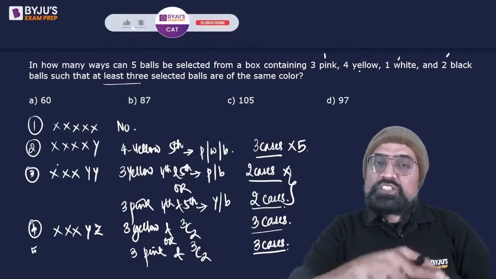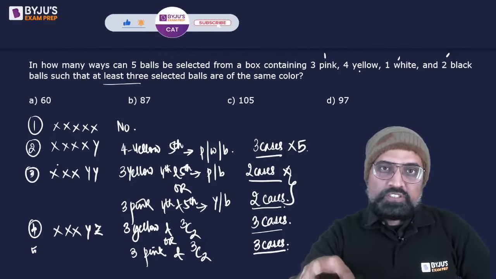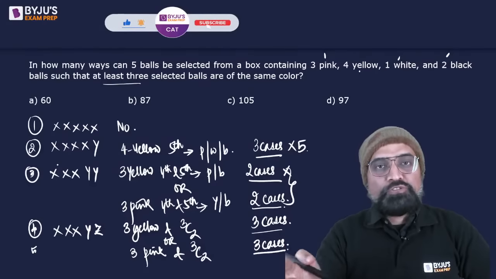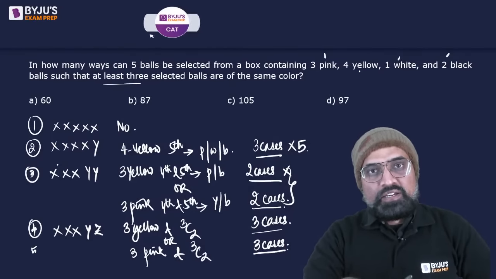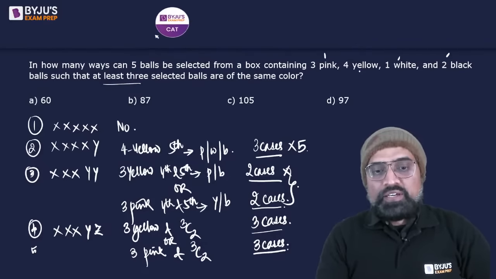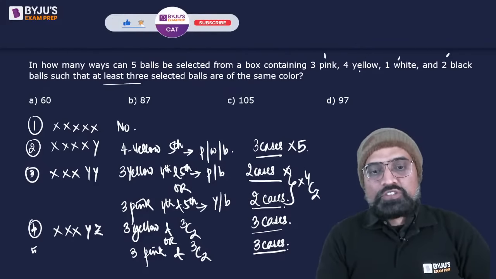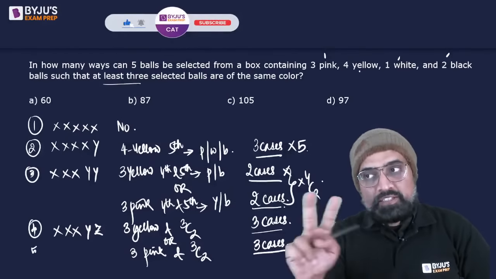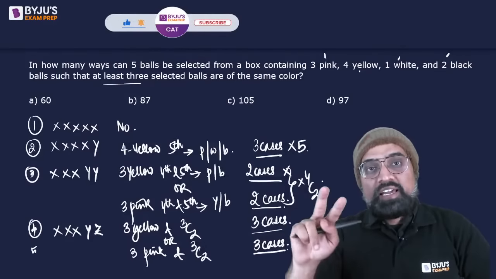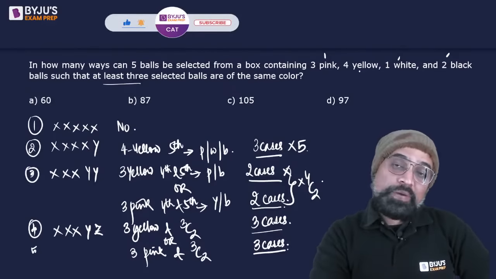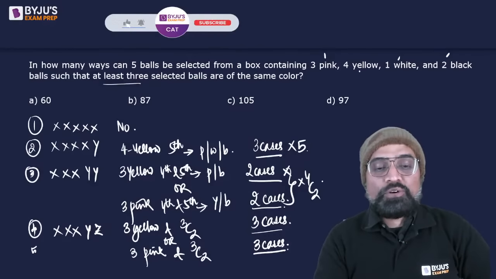So if I put 3 yellow balls first and I leave empty spaces between them, there are going to be 4 empty spaces, right? And out of those 4 empty spaces, I can pick any 2, and in each of those cases, I will get a combination of the 3 yellow colored balls and the other 2 either pink or black, or 3 pink colored balls and the other 2 yellow or black.